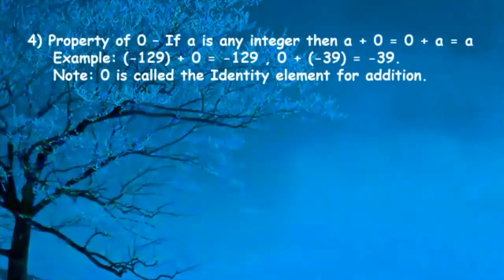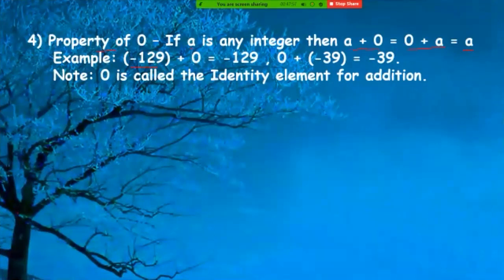Next is the property of 0. If a is any integer, then a plus 0 is equal to 0 plus a is equal to a. For example, minus 29 plus 0.